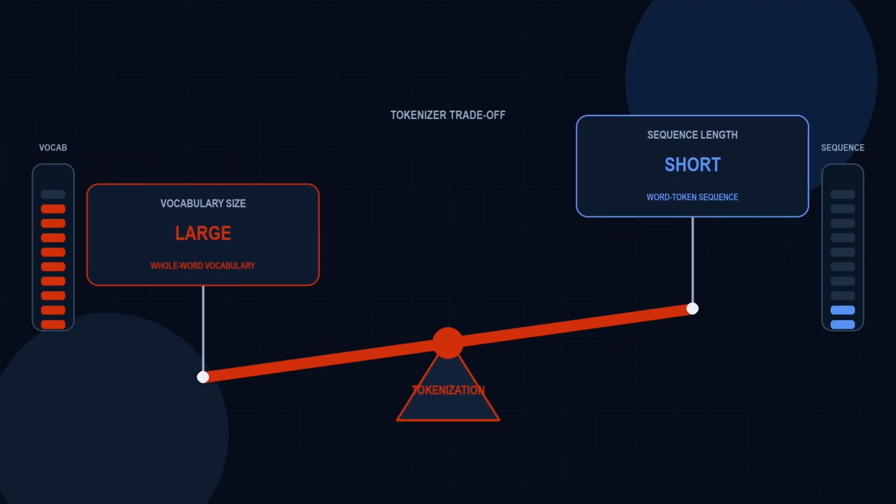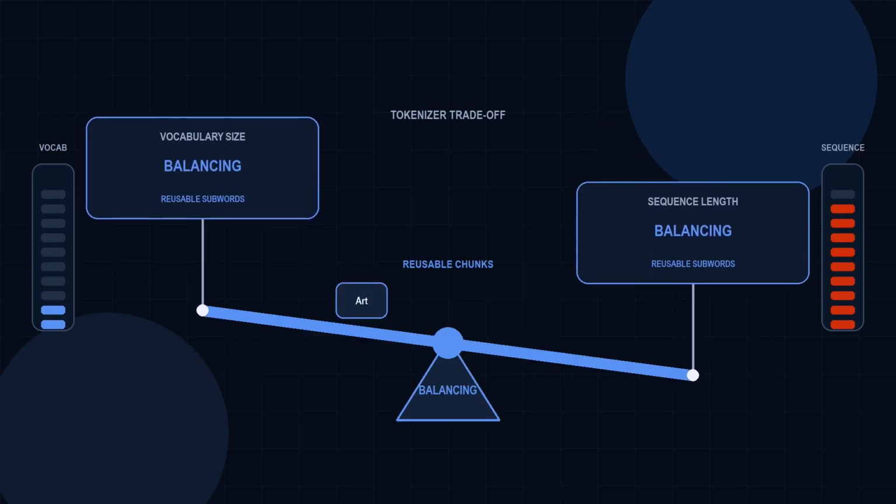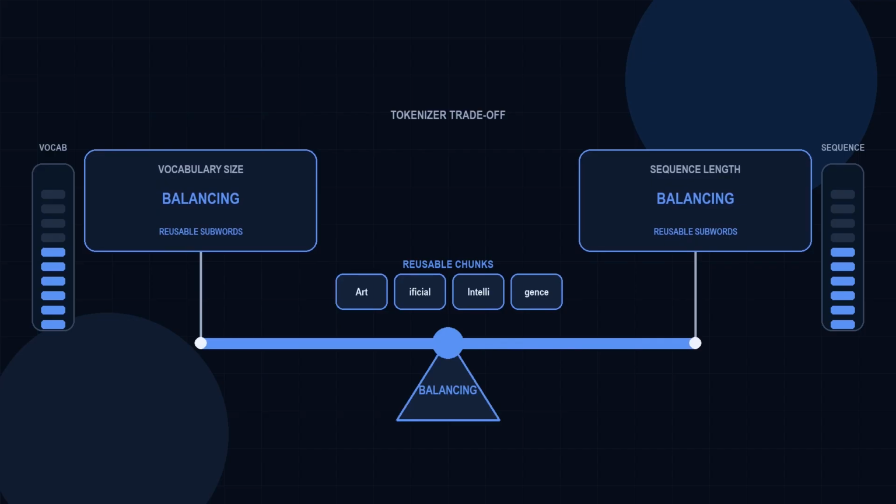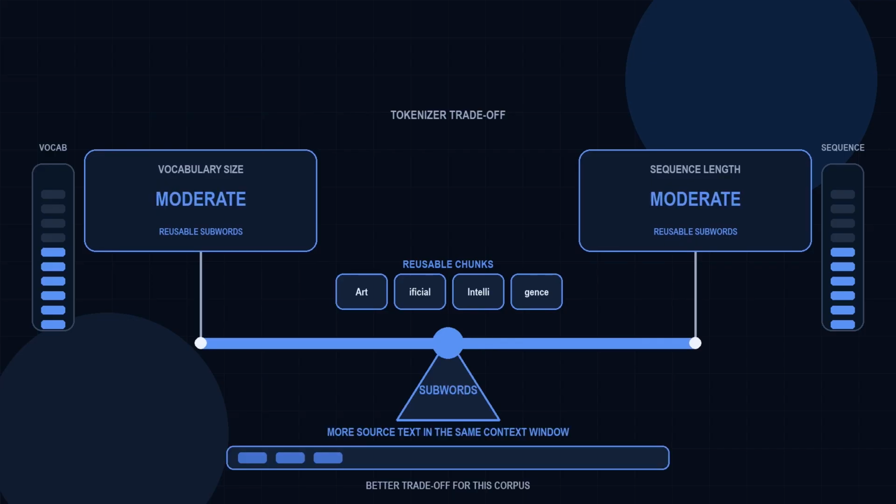Not using words, not using bare characters, but using reusable subwords that balance vocabulary size against sequence length. That balance is the whole game. A smarter tokenizer means a more efficient model because the model can fit more meaning into the same context window.